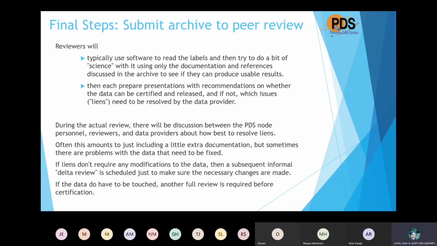And so usually it ends up being some kind of extra documentation. As long as you don't have to modify the data, you just get to do a little delta review and then make sure that what was missing is provided, and you're done. But if there is something going on with your data, like something was misaccounted for, or data files were being read wrong or backwards, like in an image file, then they're going to have to go through an entire full review again afterwards.